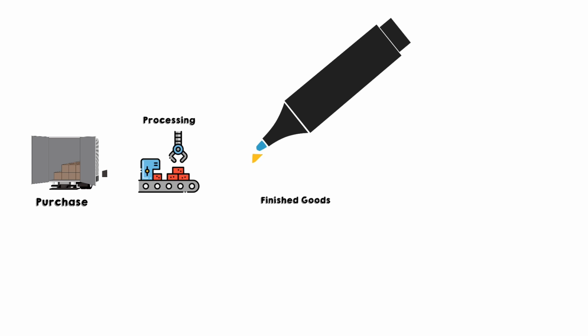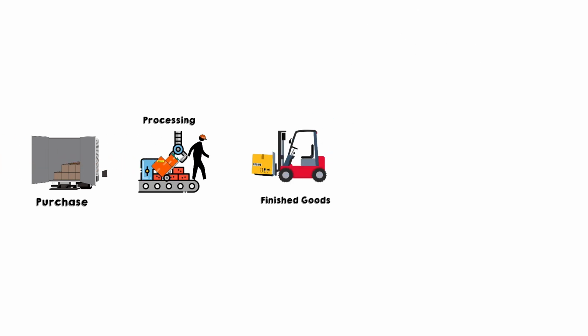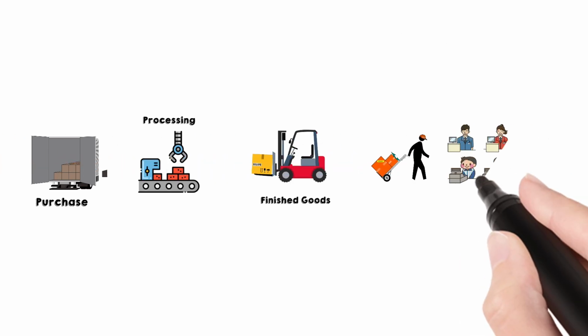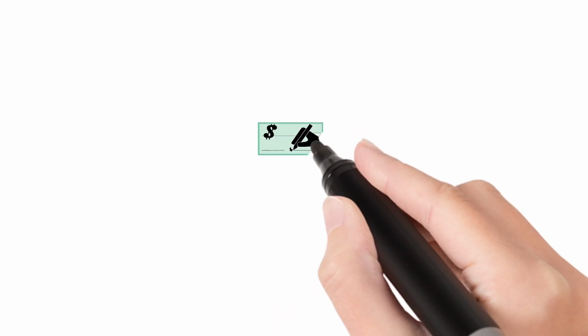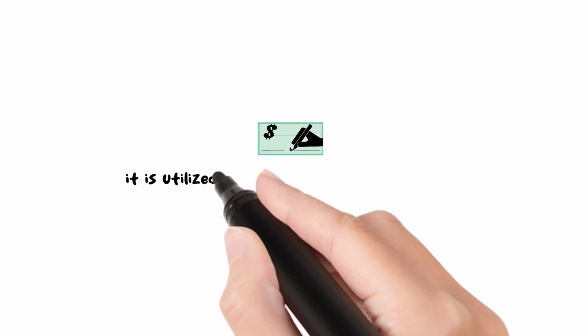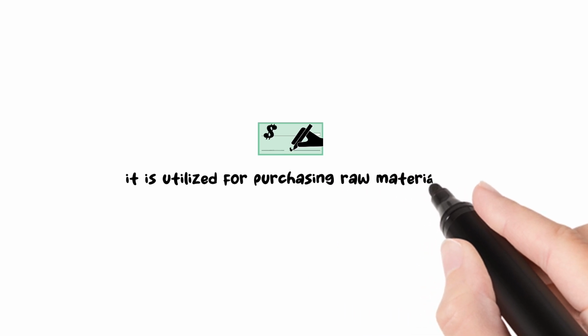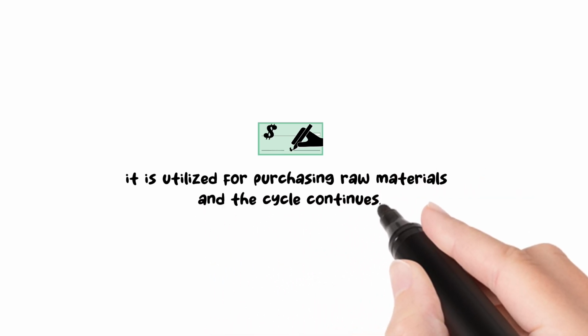The raw materials are purchased and put into process. Once they get converted into finished goods, they are sold to distributors on credit basis or cash. When the collection is received, it is utilized for purchasing raw materials, and the cycle continues.